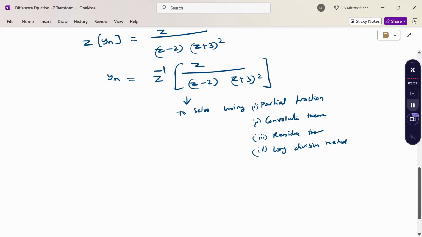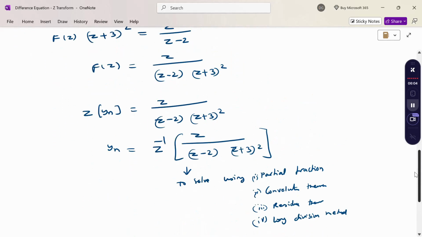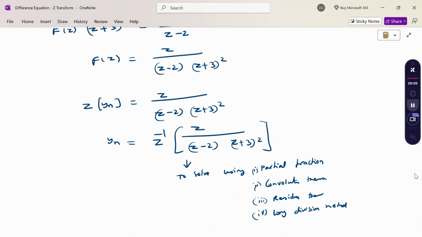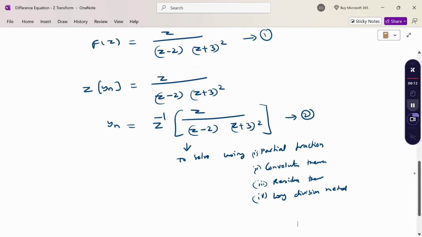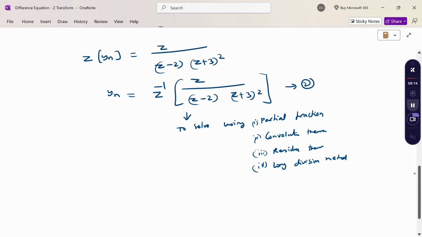Now I consider the previous one. This is F(z) equals, I'll take this as equation number 1, and this is equation number 2. Now equation 1 is F(z) equals z by (z minus 2)(z plus 3) square.